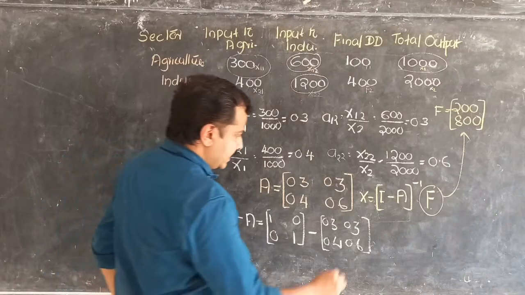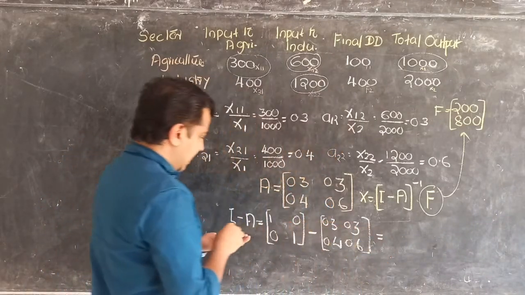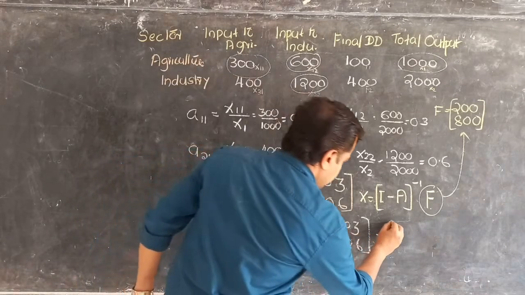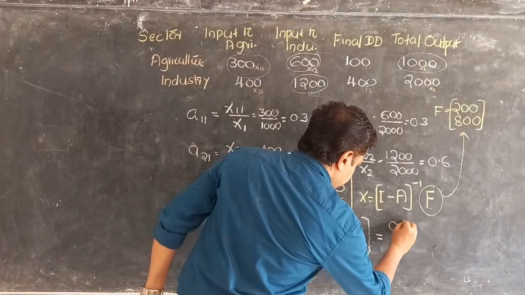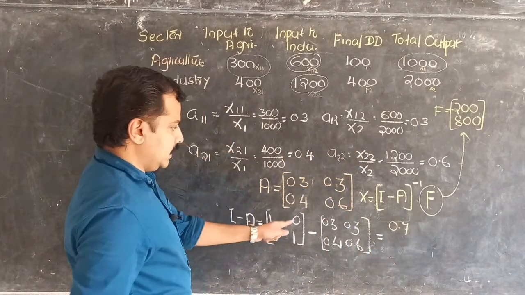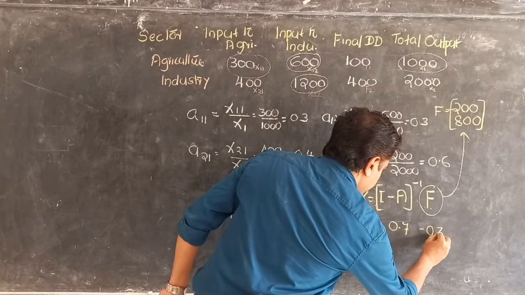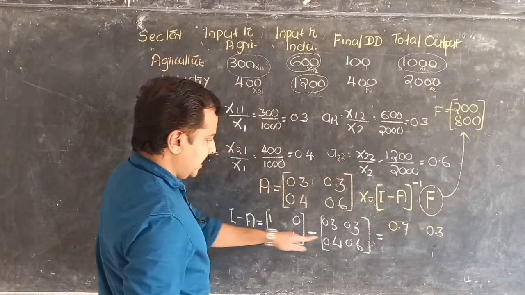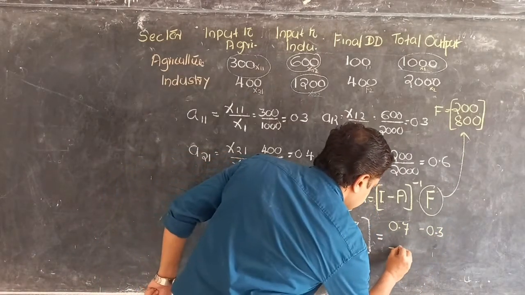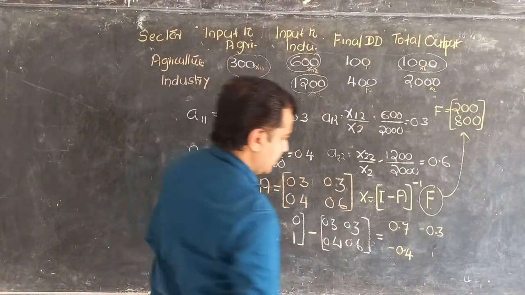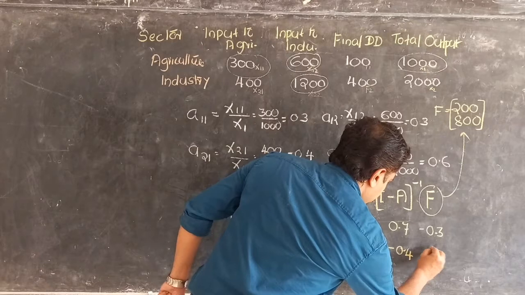So I minus A will be equal to 1 minus 0.3, which is 0.7; 0 minus 0.3 means minus 0.3; 0 minus 0.4 means minus 0.4; 1 minus 0.6 means 0.4.